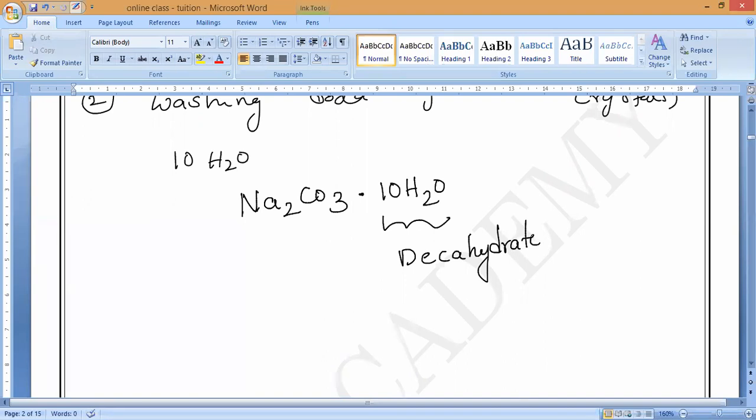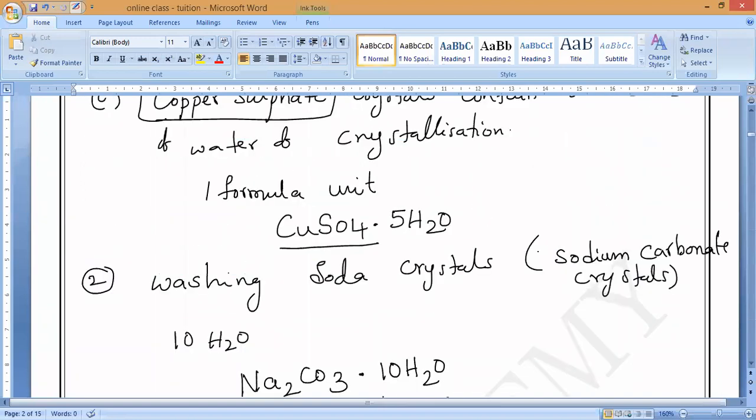Deca means 10 molecules of water of crystallization. Is it okay, guys? So this is called sodium carbonate decahydrate. And this one we should call copper sulfate pentahydrate. Penta means 5.